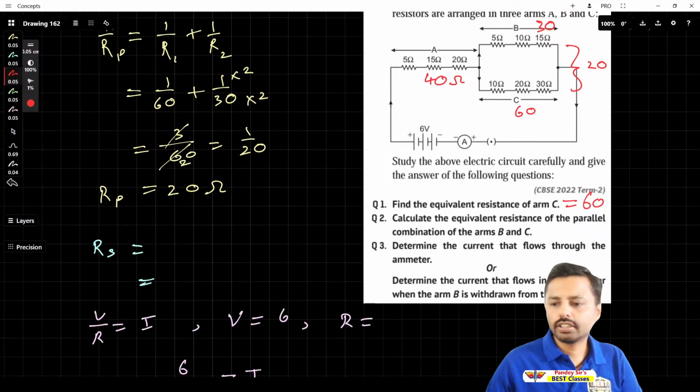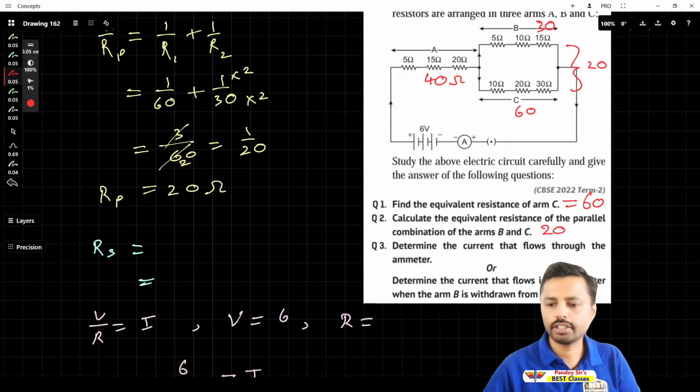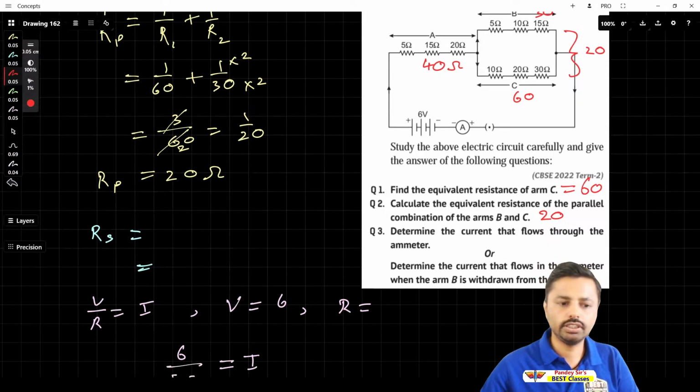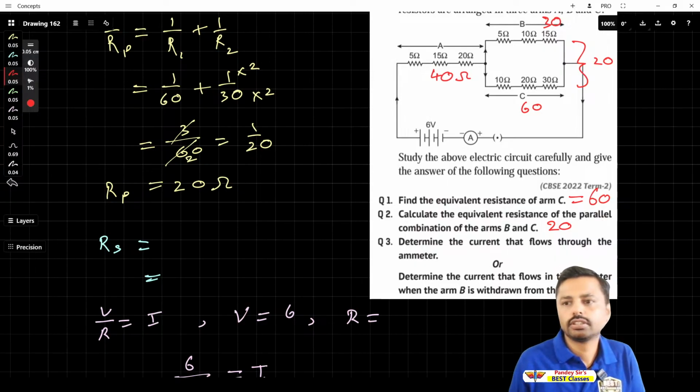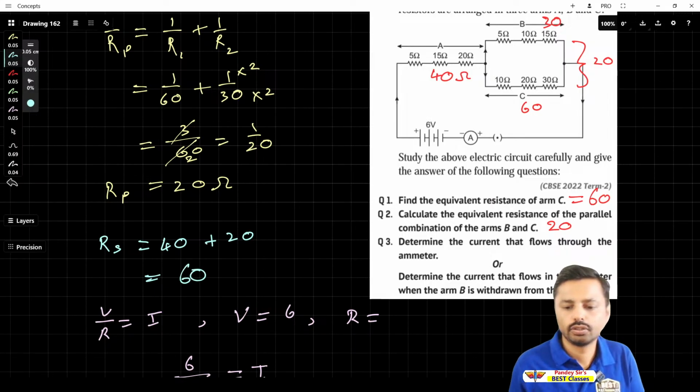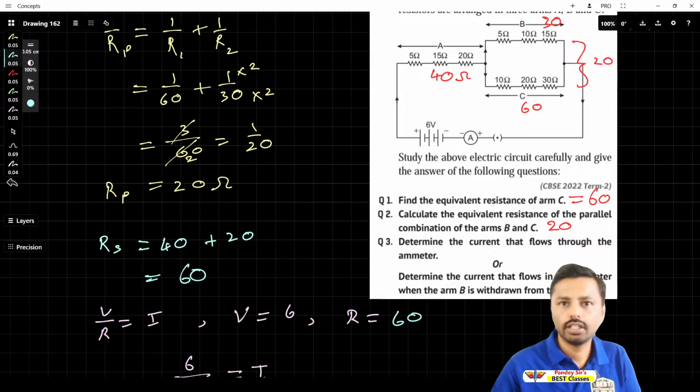Now we need the second one. The equivalent of B and C is 20, not 15. Determine the current that flows through it. For the current, we need the series. R of series is 40 plus 20, that's 60.